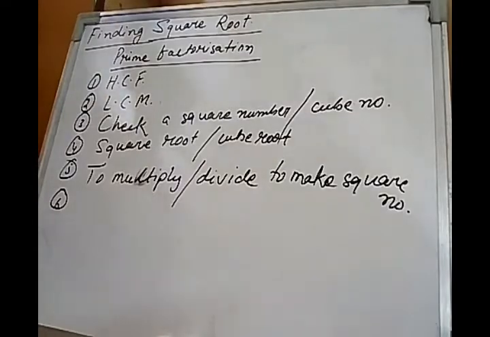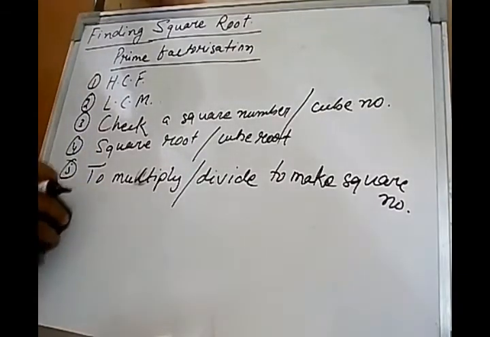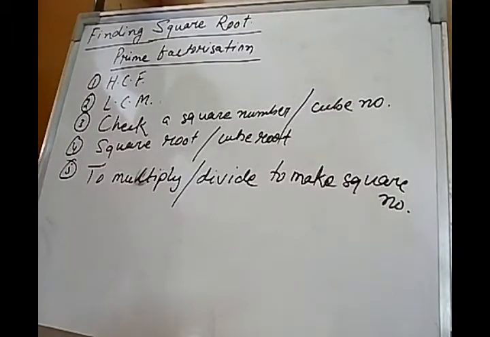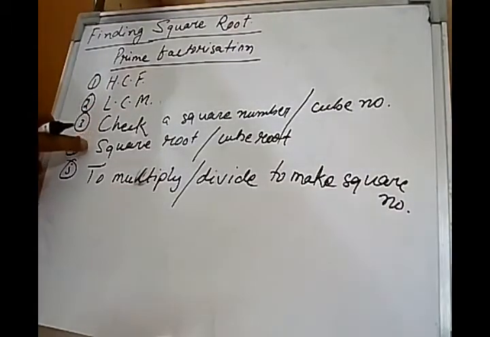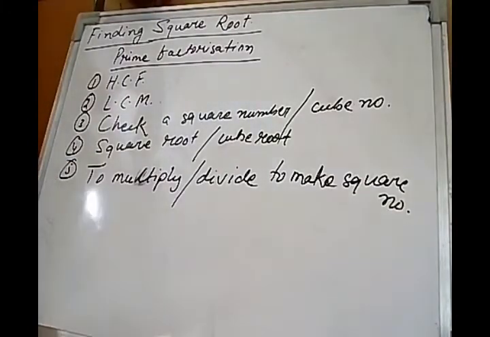So up to fifth: for finding HCF, LCM, to check a square number or not, for finding square root and cube root, and the number to be multiplied to make it a square number or cube number.